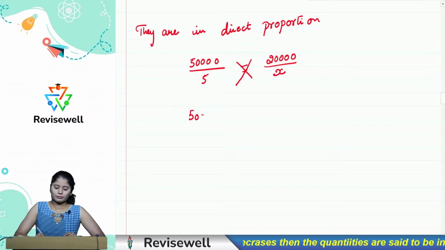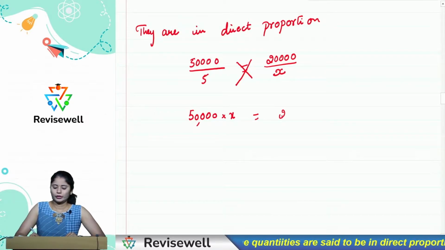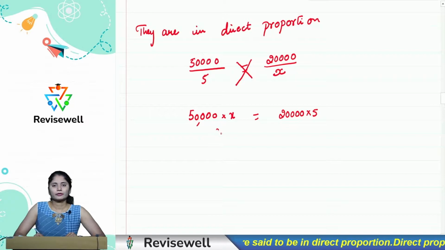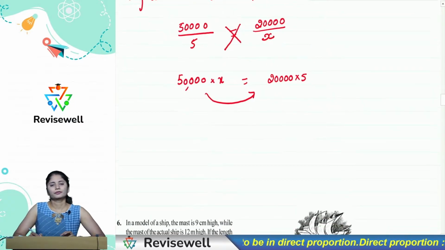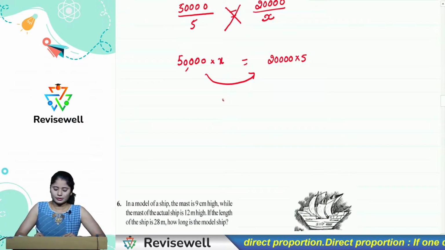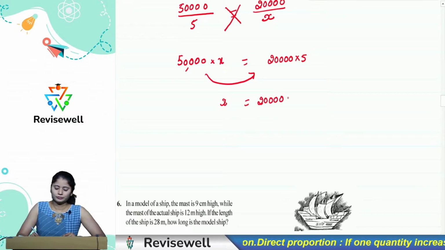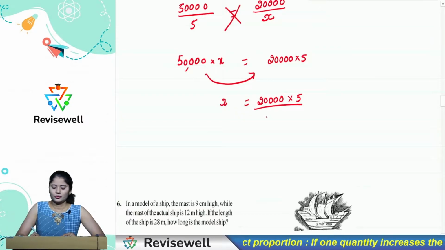So 50,000 multiplied by x will be equal to 20,000 multiplied by 5. So in order to get the value of x, you need to shift this 50,000 towards your right hand side. So x equals 20,000 multiplied by 5 over 50,000.